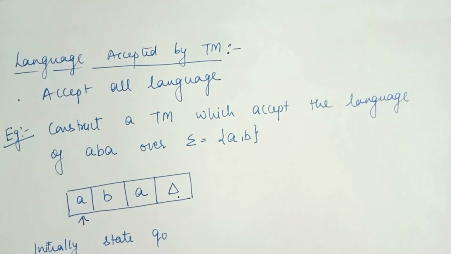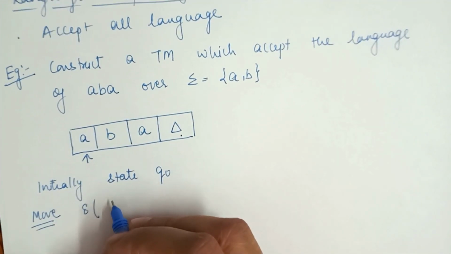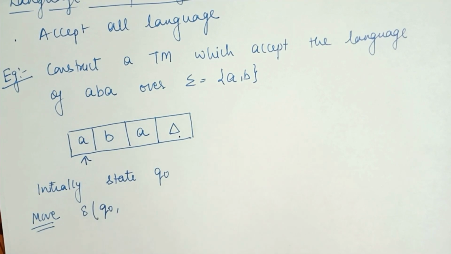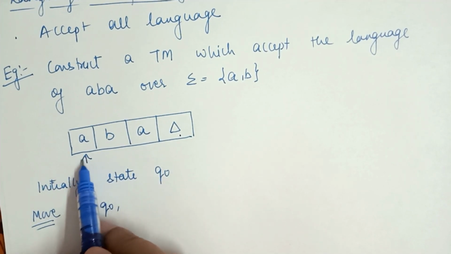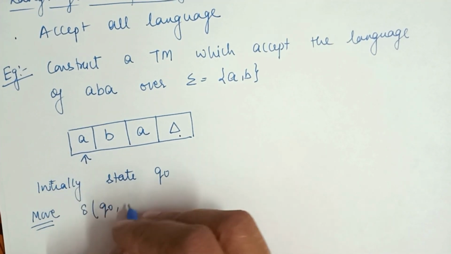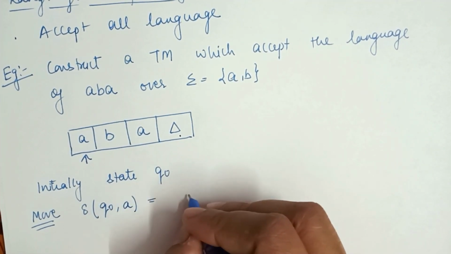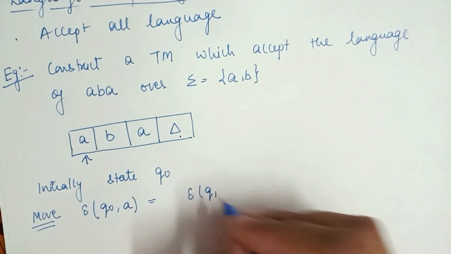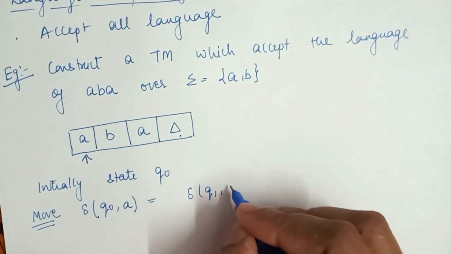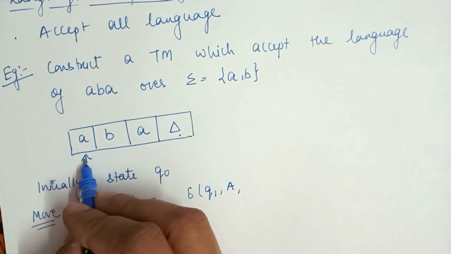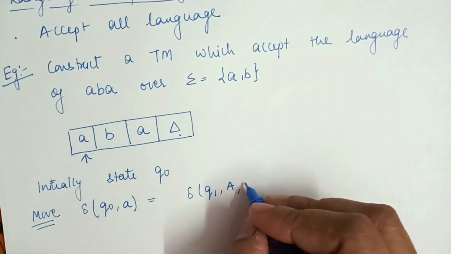So we will represent this move like this. Suppose initially we have state Q0, and the tape head points at small a, so it goes to a new state, that is Q1, and this small a is replaced by capital A, and the tape head is moved to the right side.